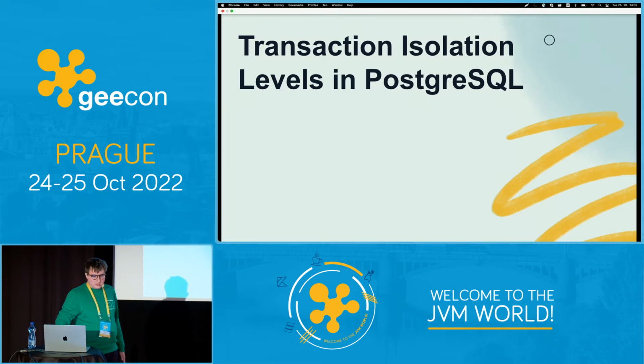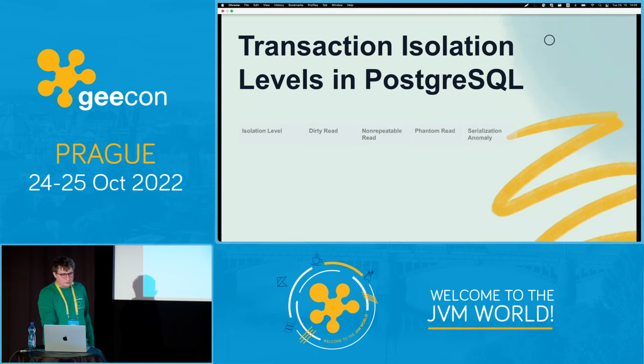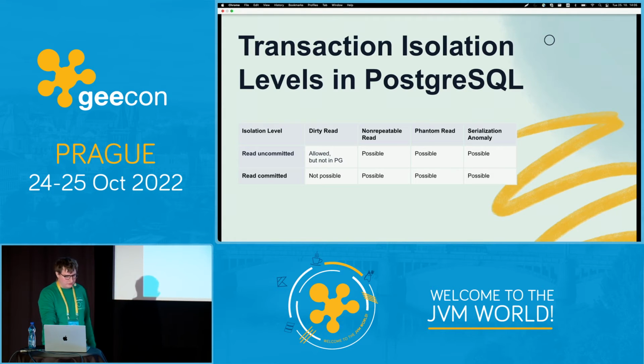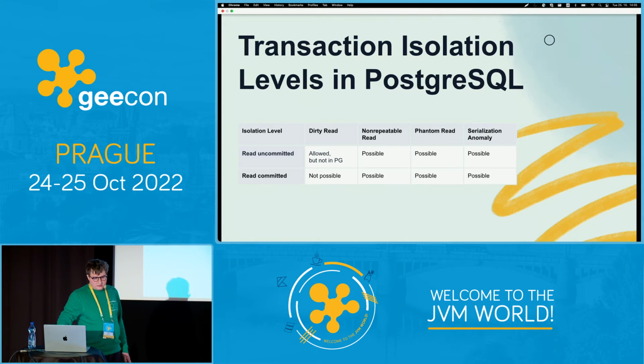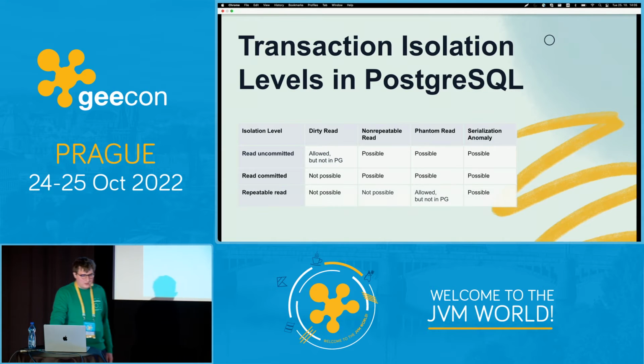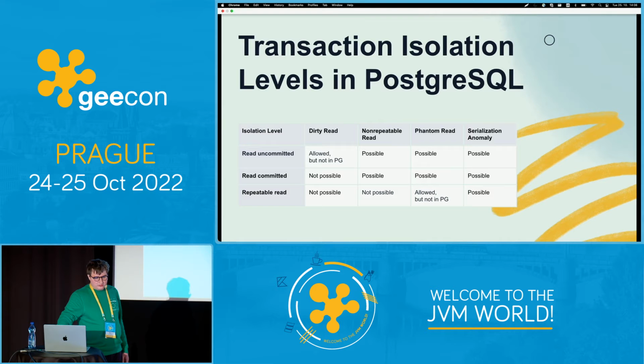And in Postgres, read uncommitted works the same way as read committed due to its implementation. So in read committed, dirty read is not possible, but all other anomalies are possible. Repeatable read isolation level does not allow dirty read and does not allow non-repeatable read.